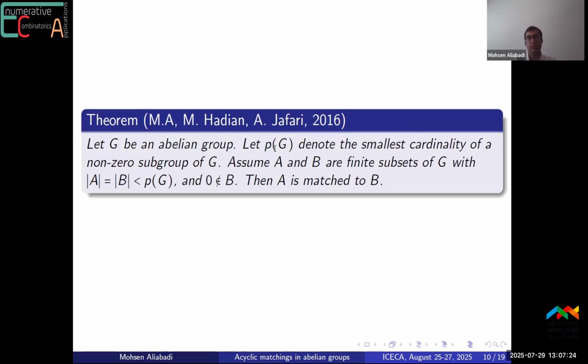If we denote by p(G) the smallest cardinality of a non-trivial subgroup of G, and if we assume that the size of our sets is less than this p(G), and 0 is not an element of set B, then we can guarantee the existence of at least one matching from A to B.